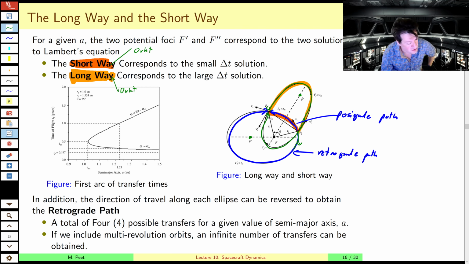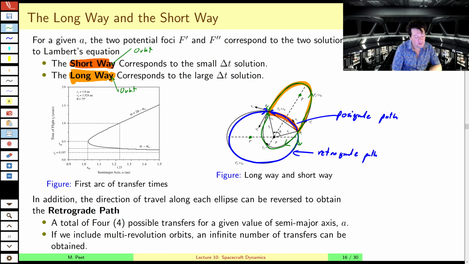So you've got to make sure, given your A, that you're on the right orbit and the right arc, whether you're going this way, and whether you're on the blue or the green.